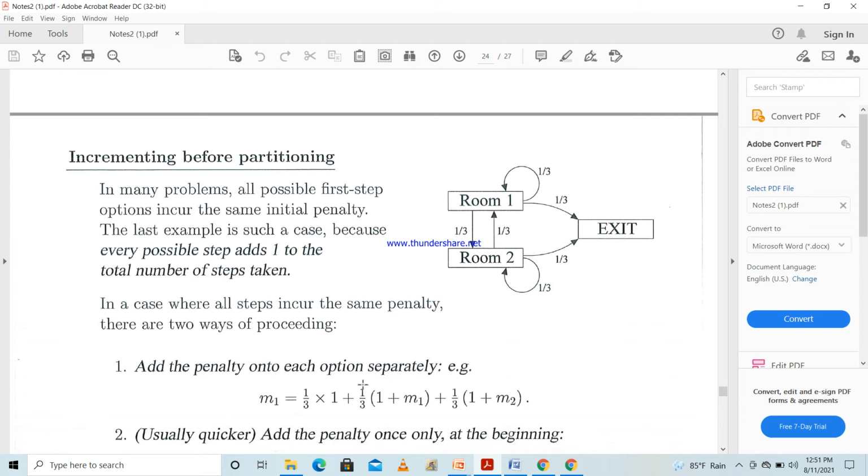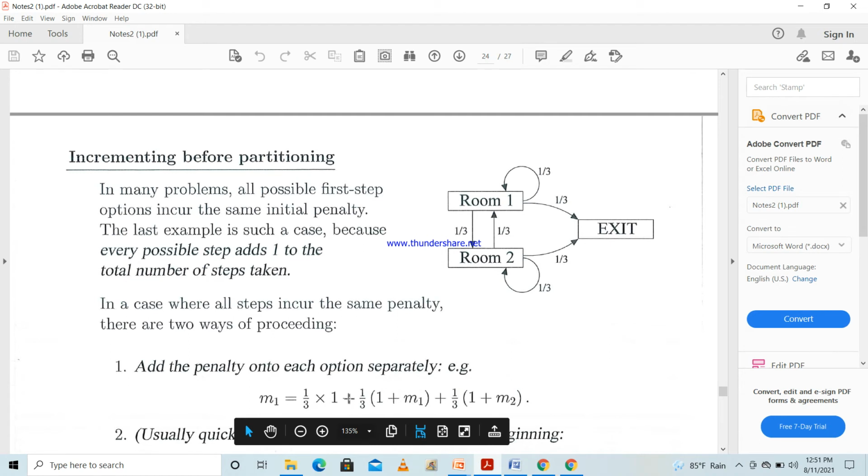For example, when we write this equation for M1, when you use this path, the probability is 1 over 3 and we are taking one step. So we add a penalty of 1. And then when you take this path, 1 over 3 probability, penalty is 1, coming back to room number 1. So 1 plus M1.